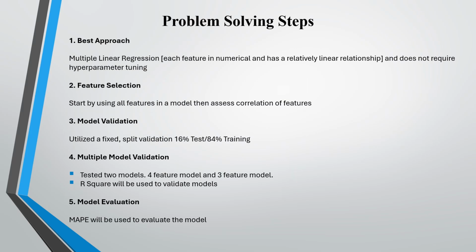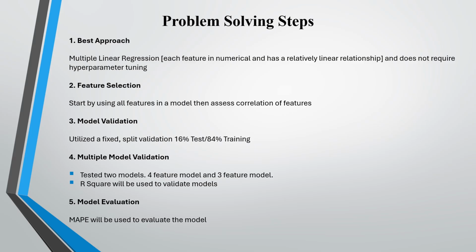The steps I went through: the best approach that I landed on was multiple linear regression. It determined that each feature was well known, that they were numerical, and that they had a relatively linear relationship and would not require any hyperparameter tuning for feature selection.